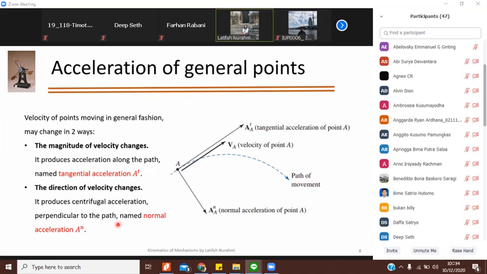So we have these two. The change in the value produces the acceleration along the tangential direction. And the change of path produces a normal acceleration.